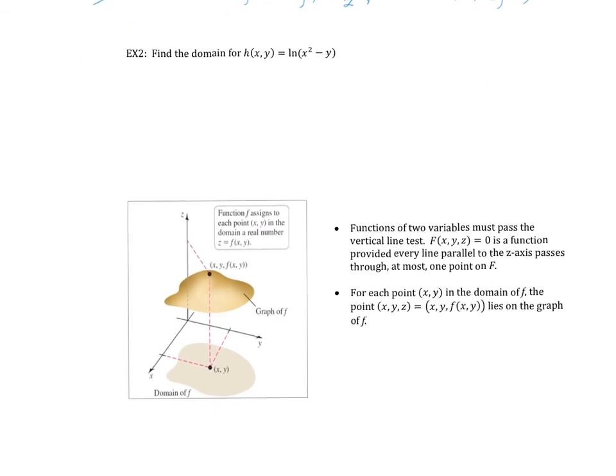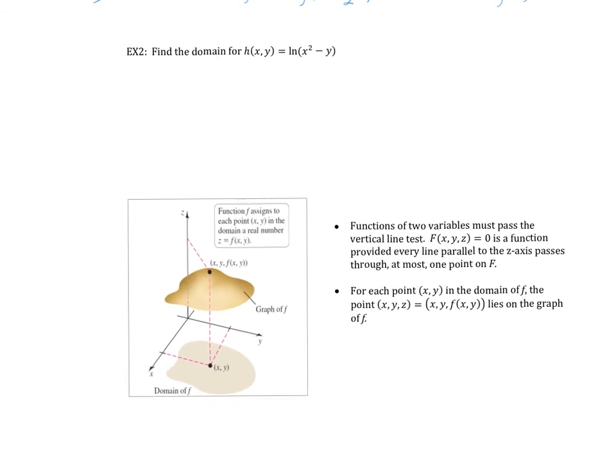Now let's look at example 2 and find the domain for our function h of x, y. And that's a natural log function. So you have to remember that what we put into log functions is always positive, never negative and never zero. So as long as x squared minus y, as long as this argument is strictly greater than 0, then I'm okay.